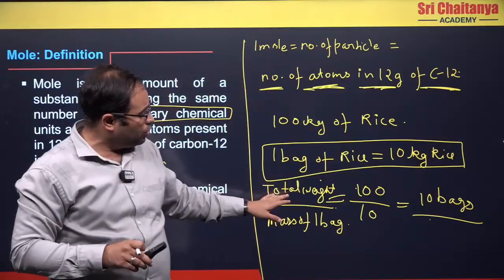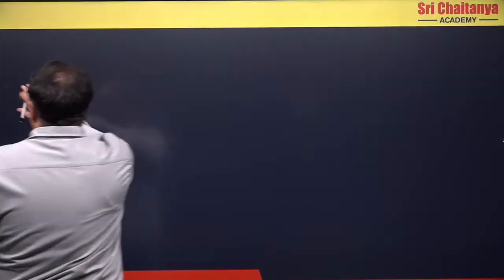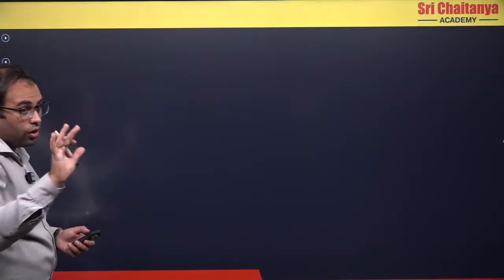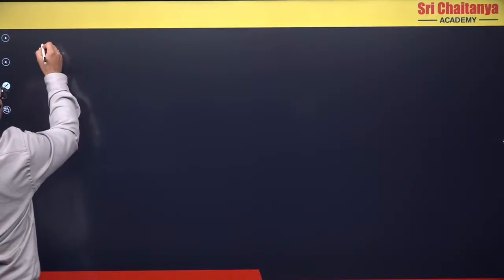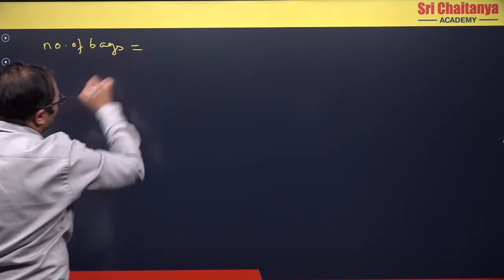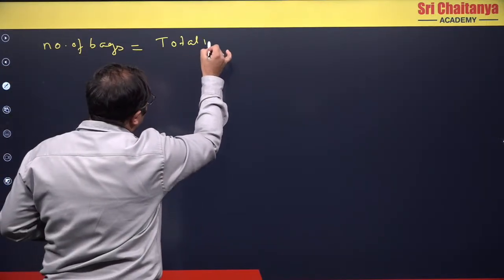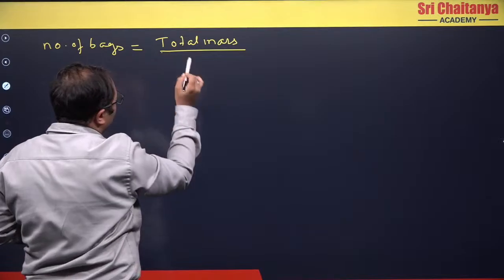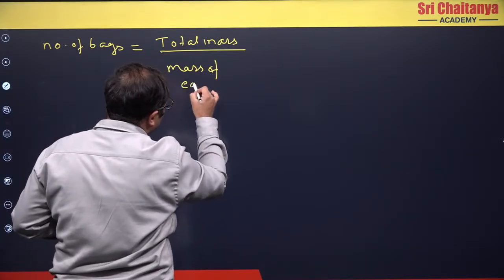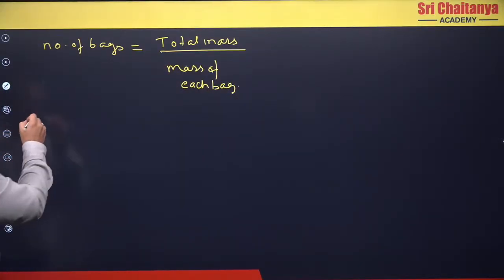For that, at the end, I told you we have the total weight divided by the mass of one bag, right? The same logic will follow here. The number of bags was equal to the total mass divided by the mass of each bag, right?